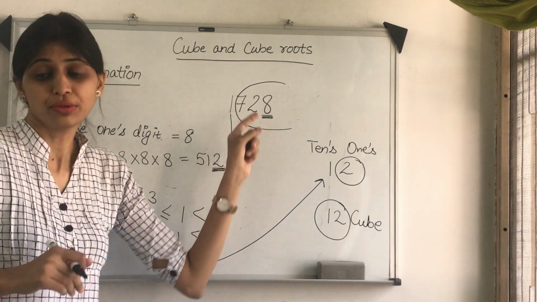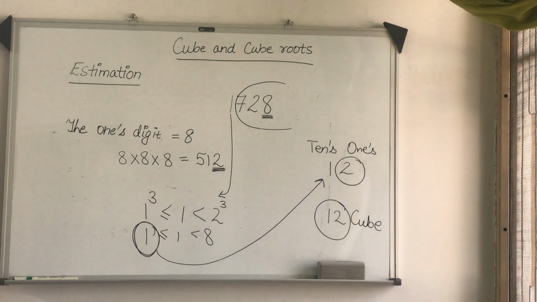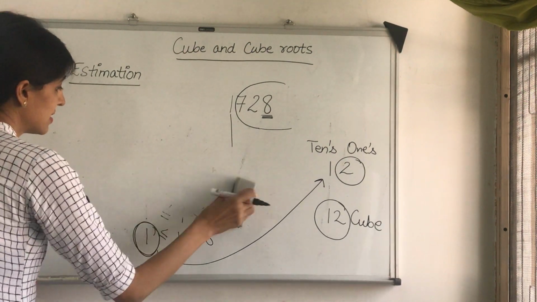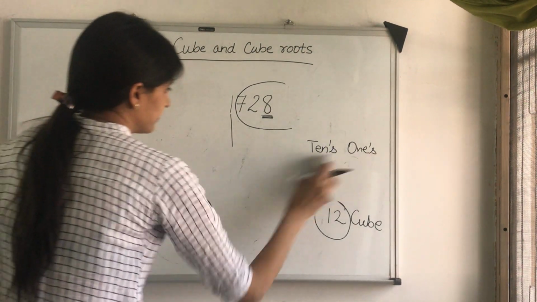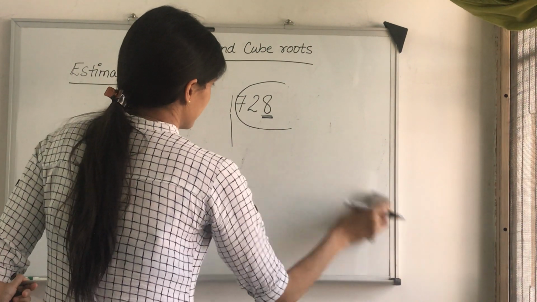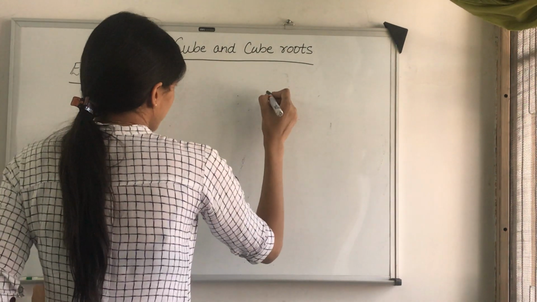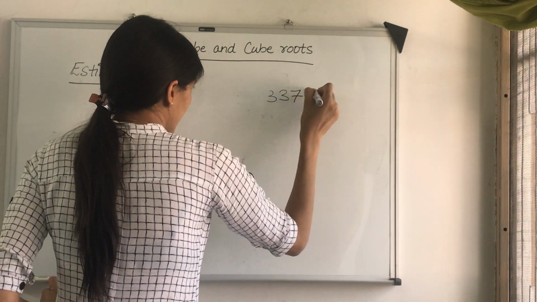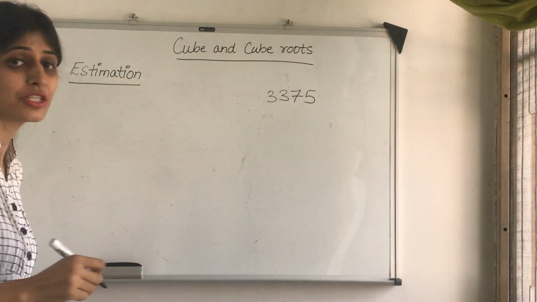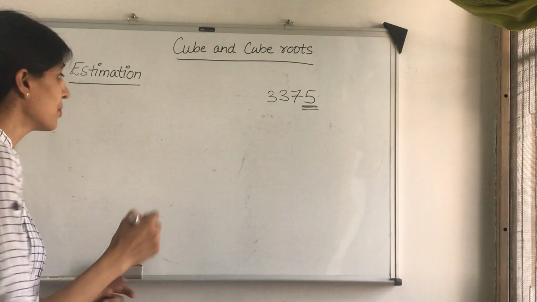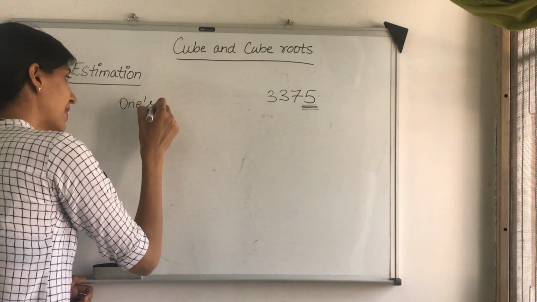One more question we are going to do. Let's start. Take a number 3375. Again, what is the ones digit of this number? 5.